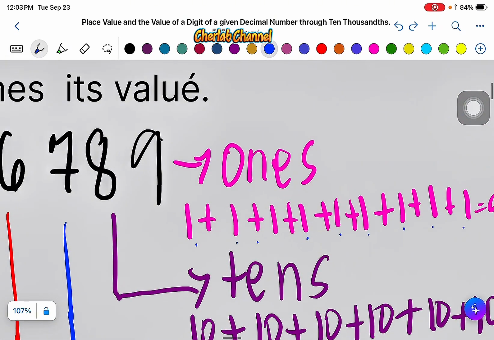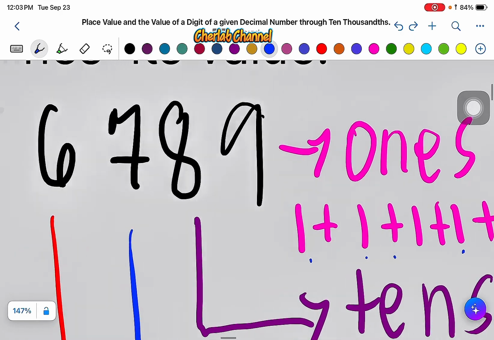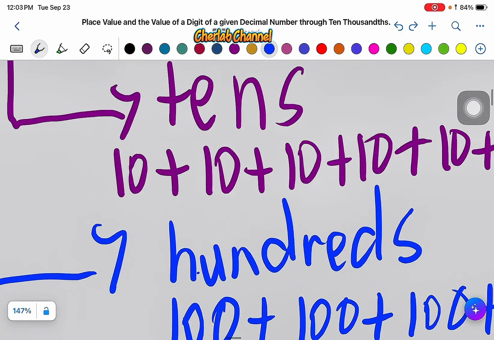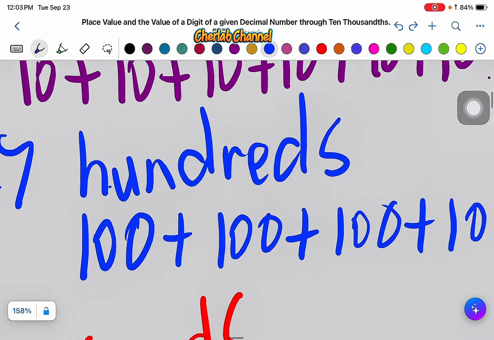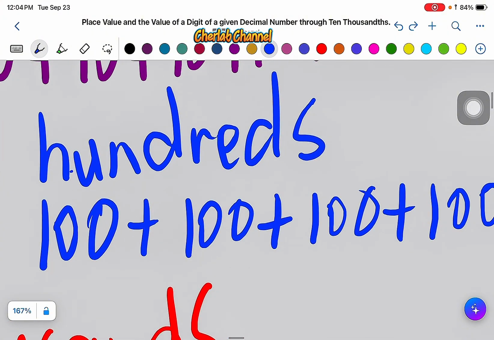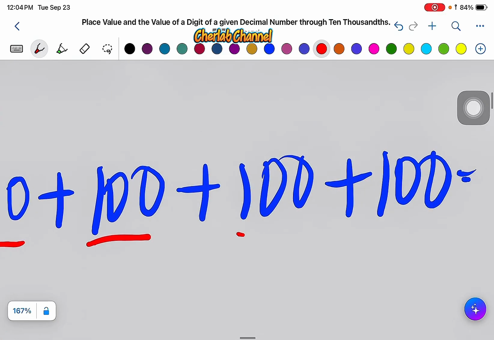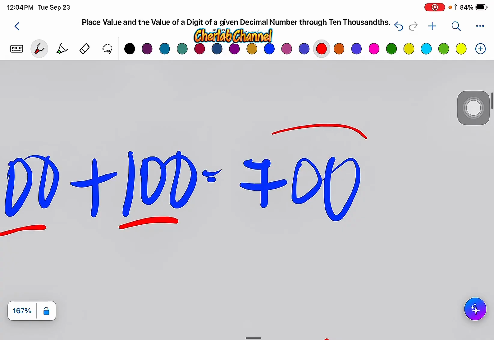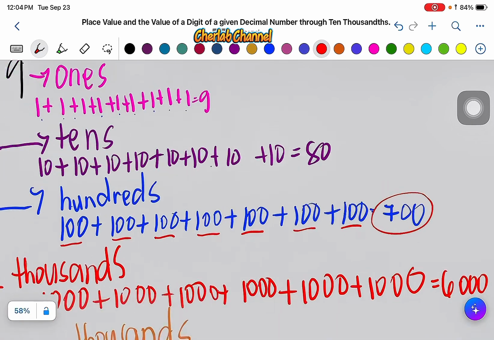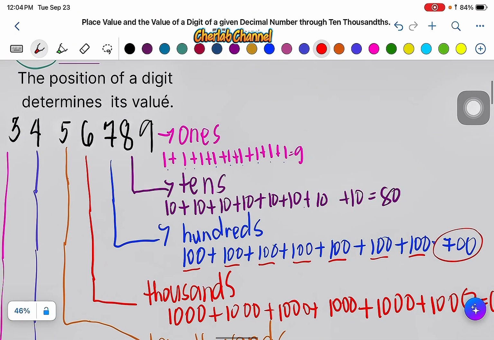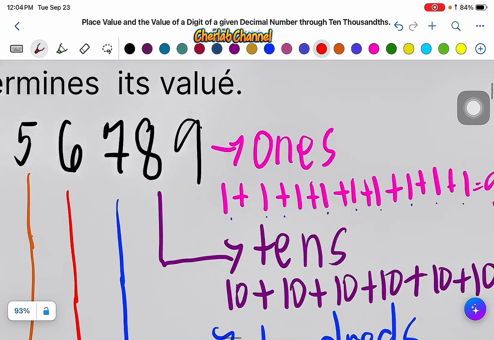And on the third digit, we have 7. And 7 is at the hundreds place, meaning 7 tag-iisandaan. 1, 2, 3, 4, 5, 6, 7 hundreds. Okay? So the third digit is 700.